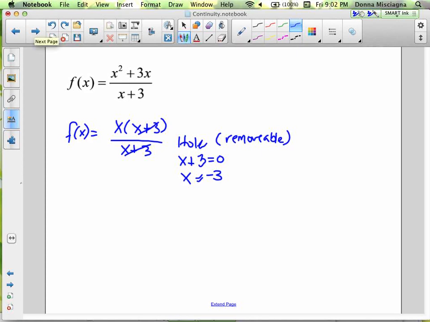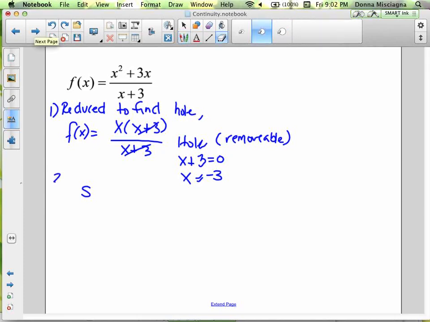So now we just need to rewrite this as a piecewise function. All right, so we need to substitute into the reduced function. Okay, so here we reduced to find the hole. Find the hole. Right, and then we're going to substitute into the reduced function.